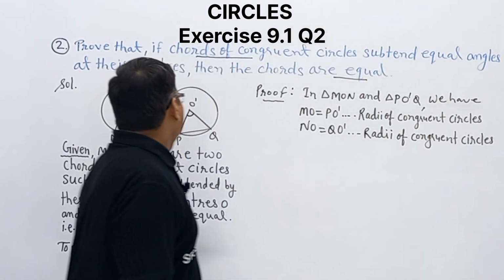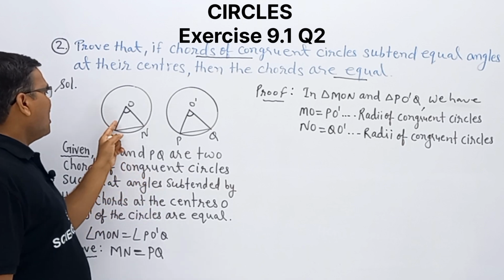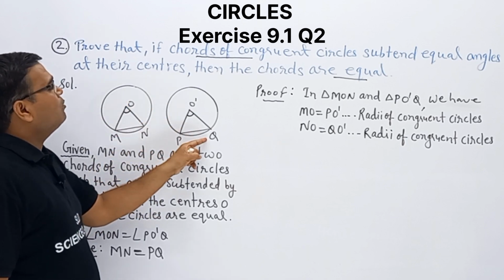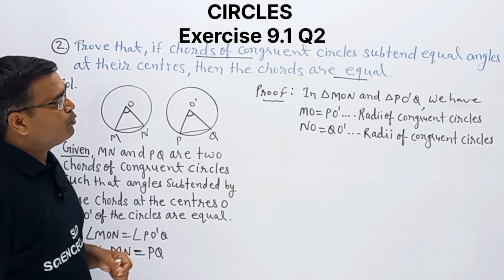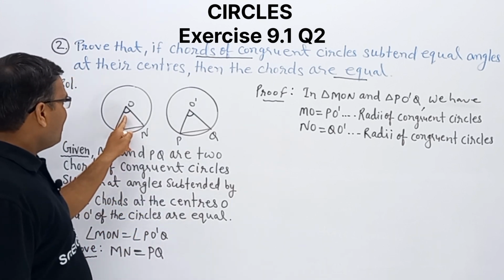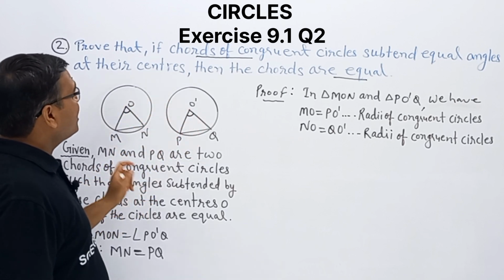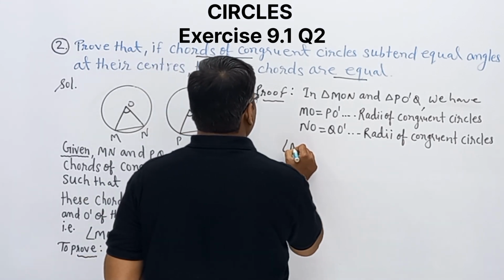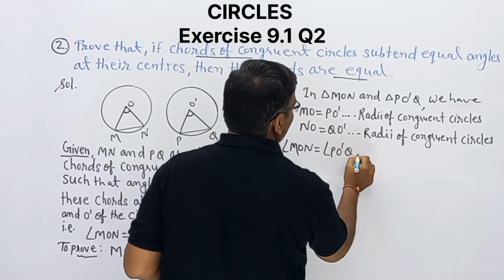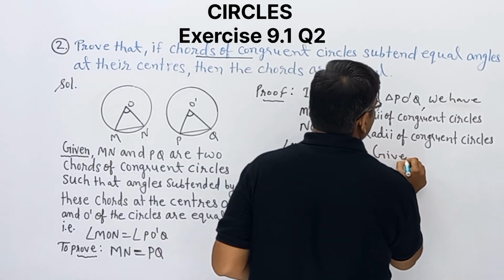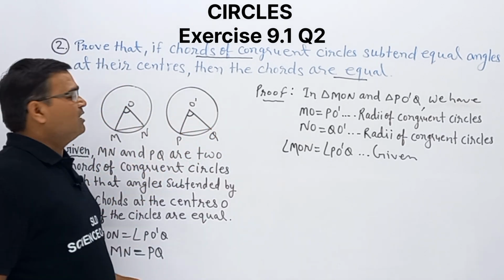Clear? For these two triangles we want to prove congruence. So MO equals PO', NO equals QO', radii of congruent circles. Now one more thing is required to prove congruence: the angles at the centers are both equal. Angle MON equals angle PO'Q, and this is given in the question. So we obtained three things, and they are equal for both triangles.